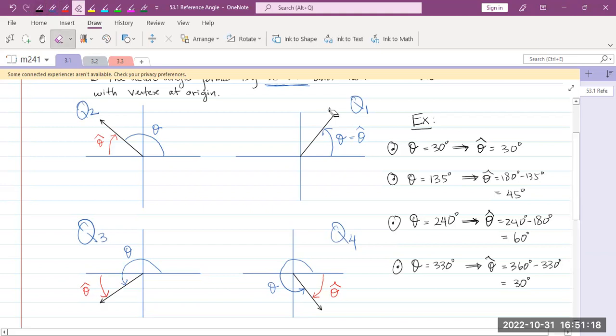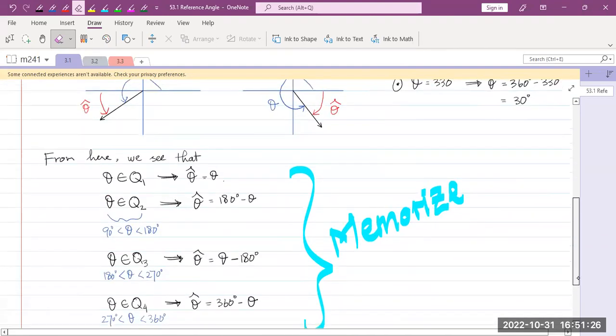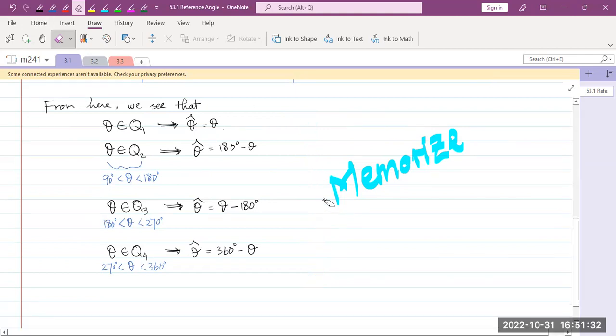Reference angle will be used a lot from this point on, so I need you to memorize this. Again, memorize the picture instead. Eventually you will get used to it.